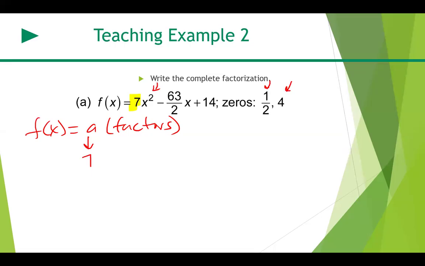How do you write zeros as factors? X minus the opposite. So if I have 1/2, then this is x minus 1/2. If I have a positive 4, then this is x minus 4.